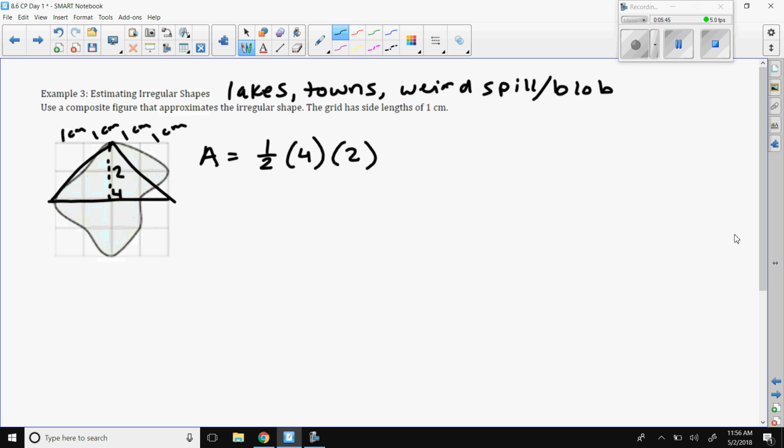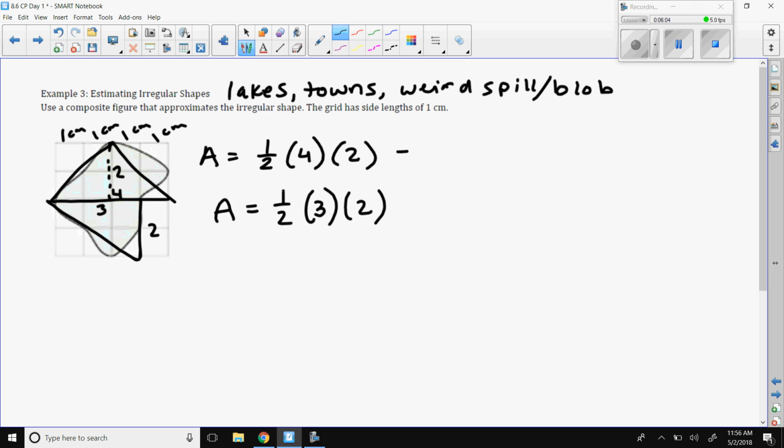And then maybe we could draw a triangle here as well, where I have a base of 3 and maybe a height of 2. Area equals 1/2 3 times 2. And those are my two shapes, and then again I'm going to add them together.